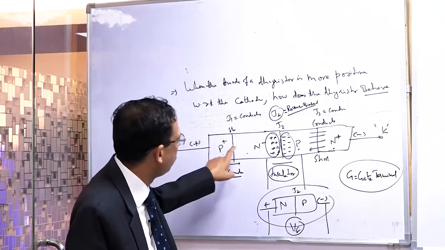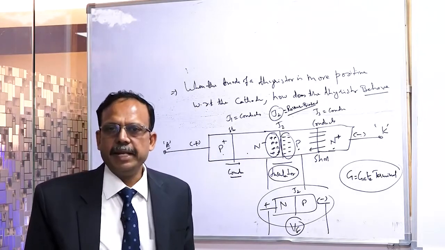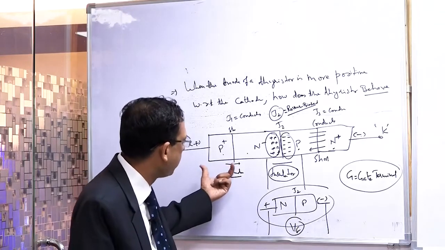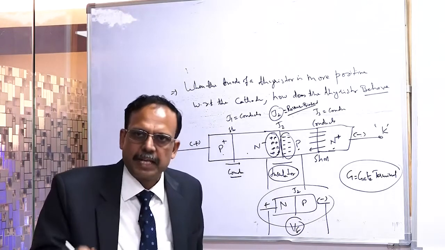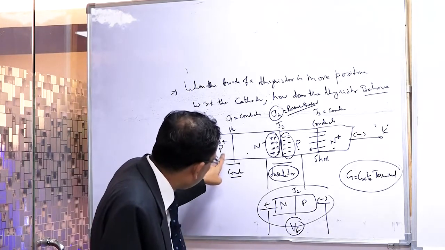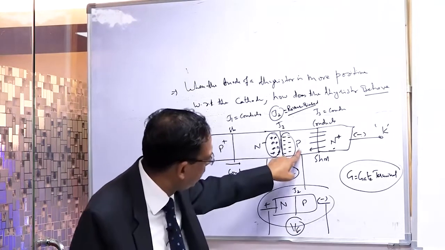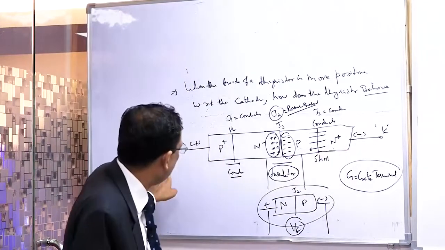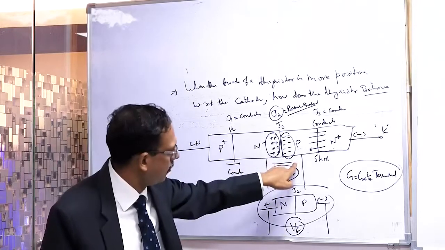Is it in N plus, N minus, P or N plus? Anybody any idea? I think Sunil Gupta ji, you have read the book. Can you tell me where we give the gate pulse for triggering the thyristor? Whether it is embedded here, or in N plus or N minus, or this P, or this N plus. This is the cathode, this is the anode, this is a depletion layer, and this is what?